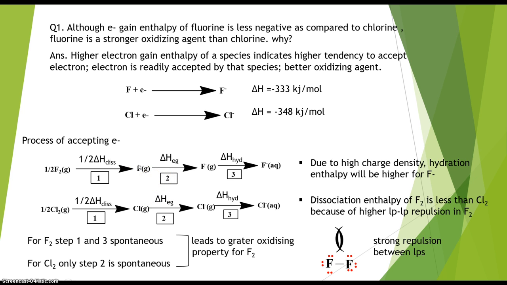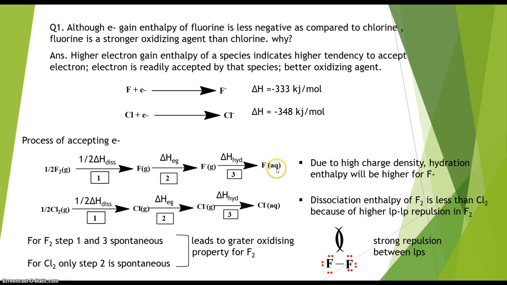So far we have discussed two things, step 1 and step 2. Step 1 is more spontaneous for fluorine, step 2 is more spontaneous for chlorine. Now let's move on to the third step. In the third step, F minus is hydrated and Cl minus is hydrated to form F minus aqueous and Cl minus aqueous.